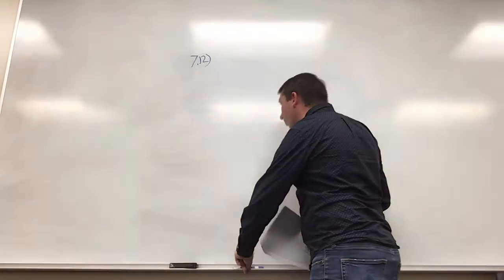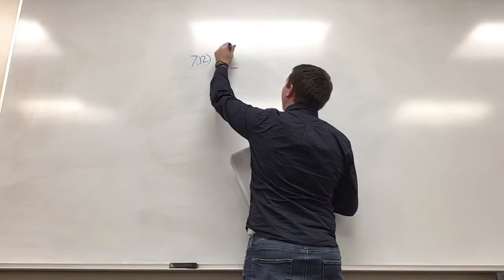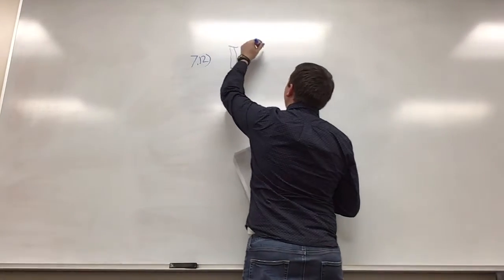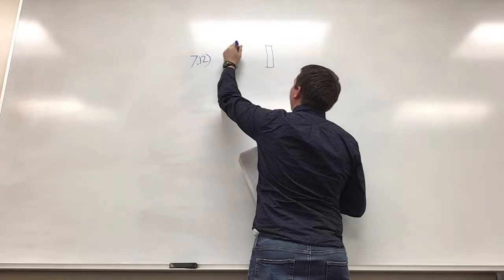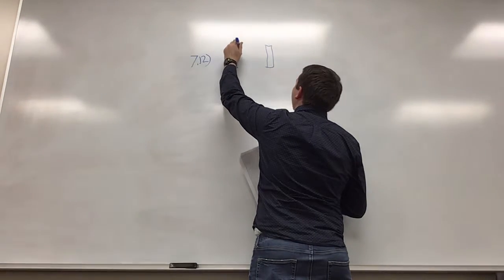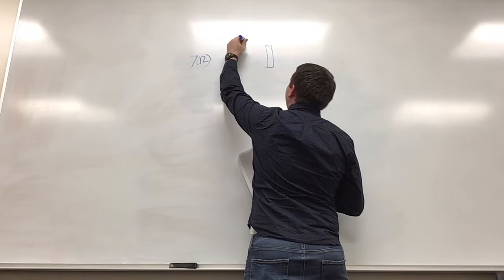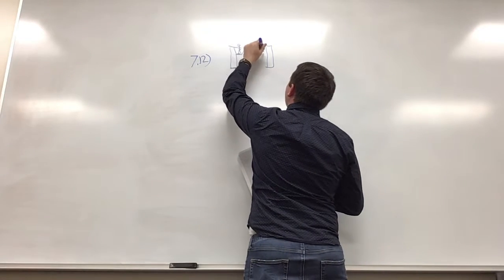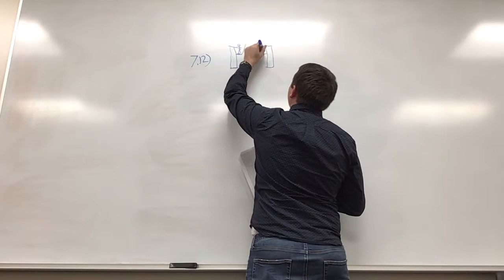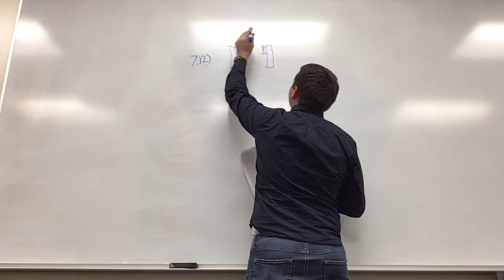So, if we were to draw a picture, we've got two trees, and on one limb we have Tarzan, and over here we have Jane.